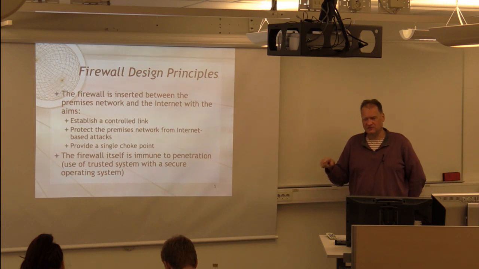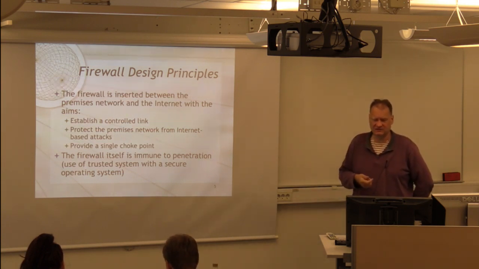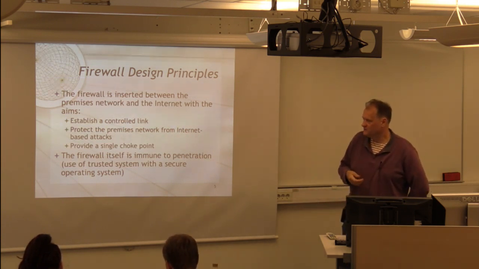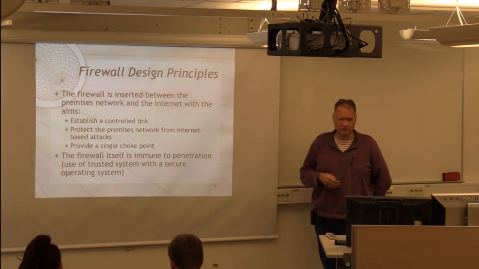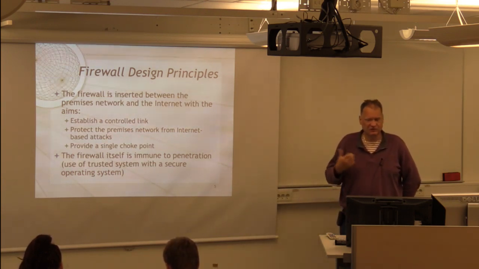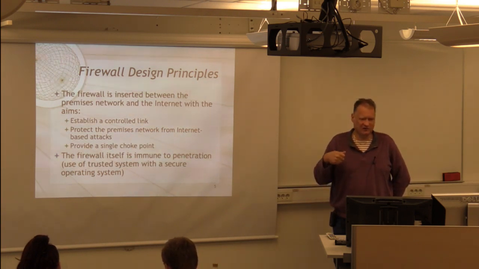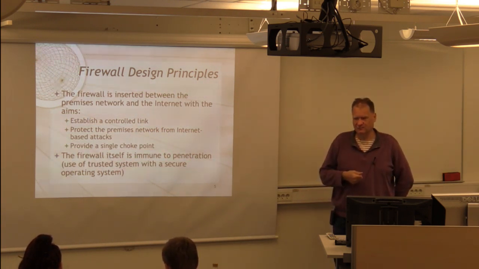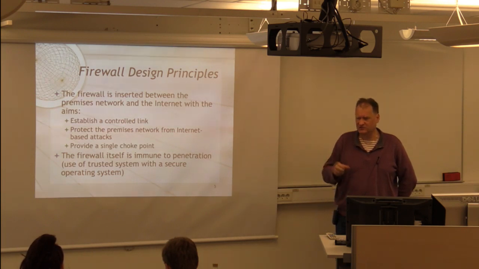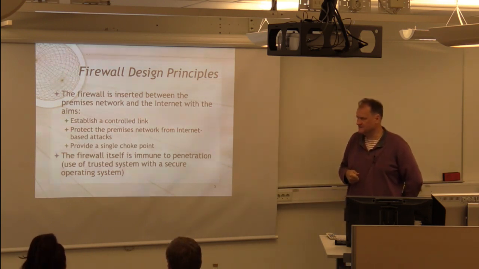If there are other ways around it, then the security is of course not so great. So we try to establish a controlled link. There could be several, but in that case we need to make sure that they are equally controlled in the same way. But we try to reduce the control links at least.